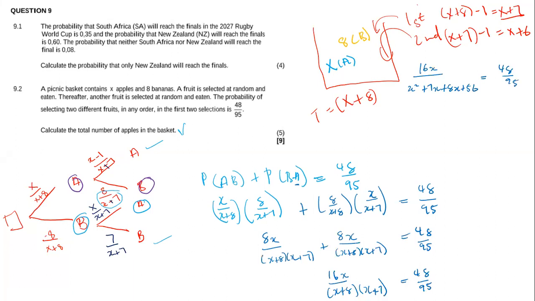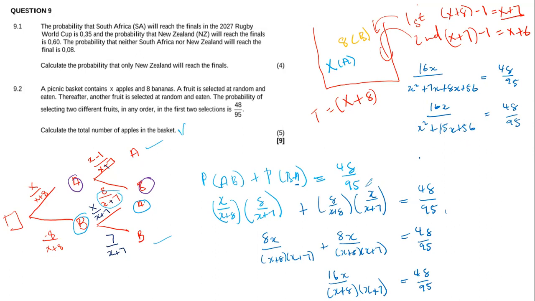Combining 7x and 8x gives 15x, so we have 16x over x squared plus 15x plus 56, which equals 48 over 95.